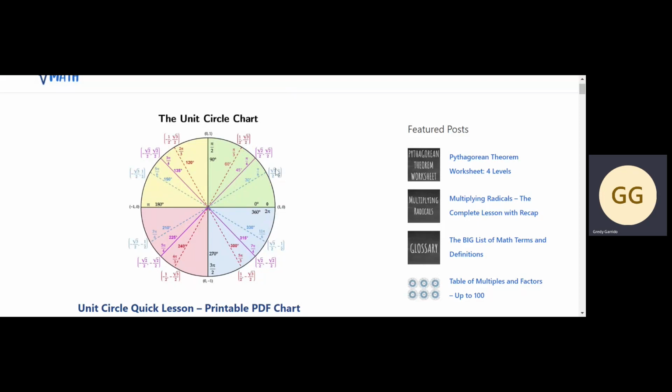So there's no way you can get confused with these values. Once you have these values, you get an idea what is going on.